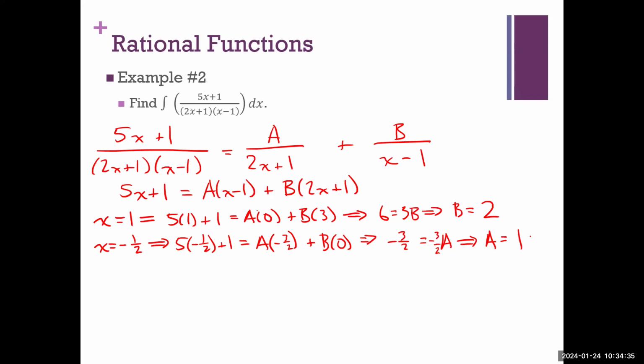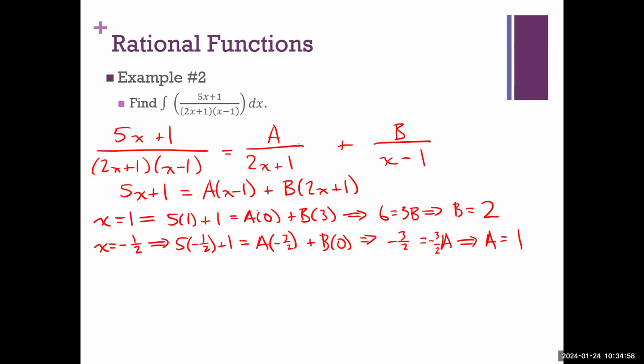Okay. So we found A and B. What do we do with those now? Remember, our overall goal was not to split this fraction up. That is a goal, but it's not the end goal. So what do we have to do with those now? Plug those back in.